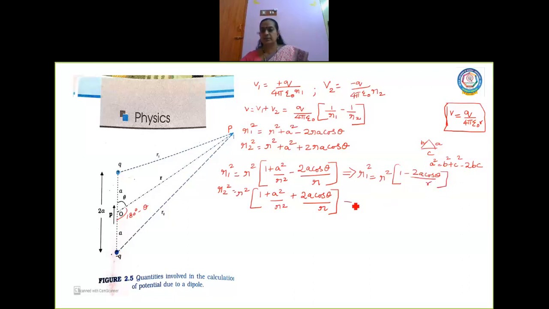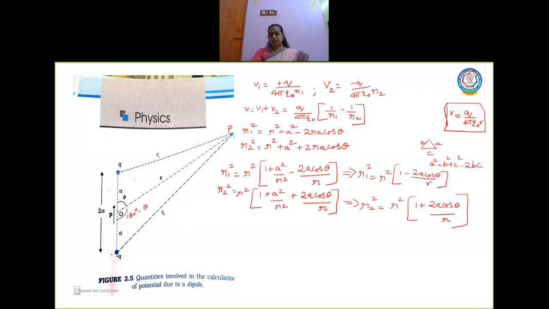Similarly, I can write r2 square equal to r square into 1 plus 2a cos theta by r. So these two equations I arrive at for r1 square and r2 square.